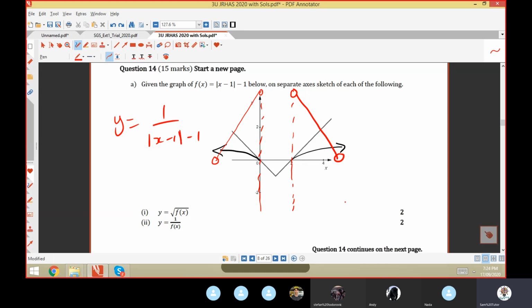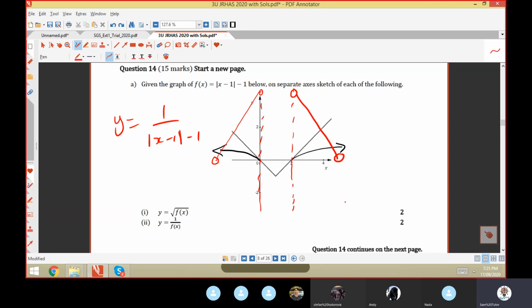X is 50. 50 take away 1 is 49. 49 take away 1 is 48. No. Shouldn't really be a curve. I'm happy with it. I'll check that solution in a second.